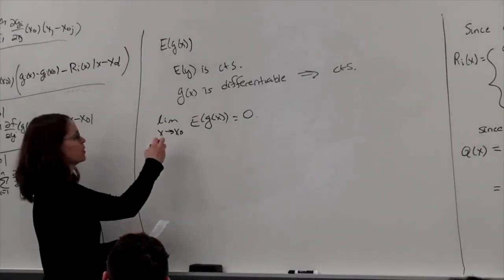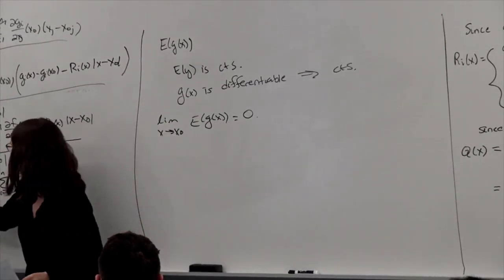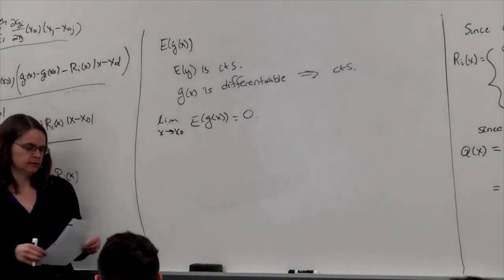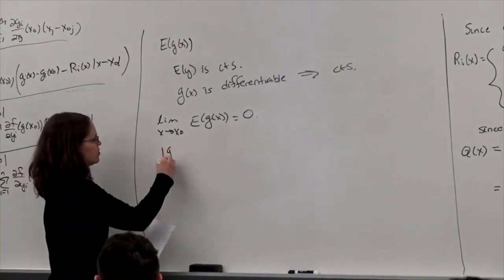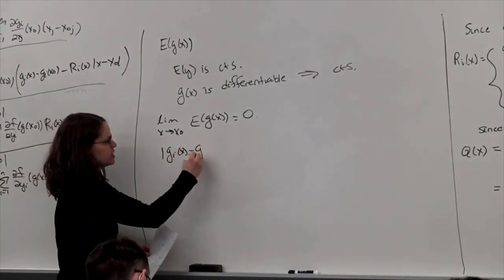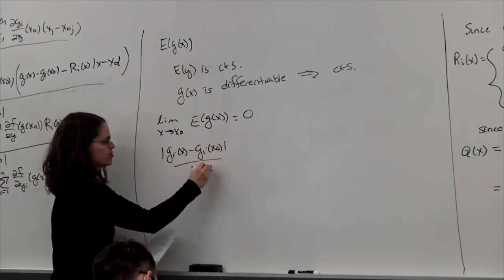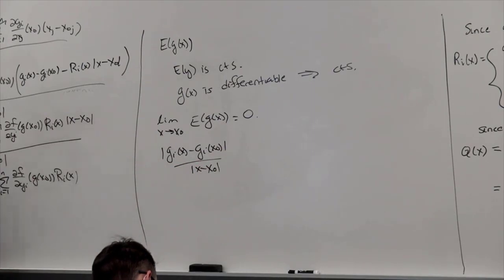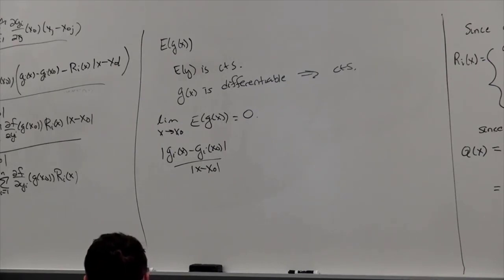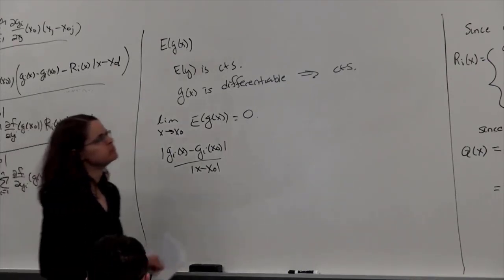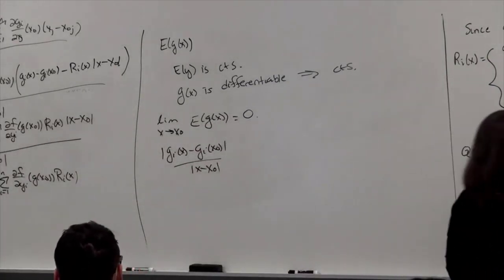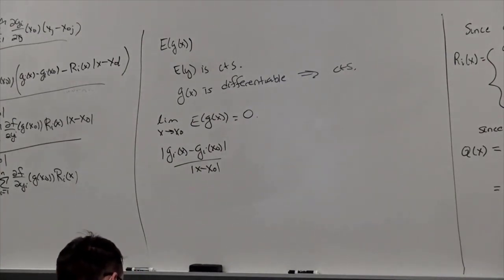Okay, so let's take him one component at a time, because again, g is a vector valued object. So I have something like this, gi of x minus gi of x naught divided by the size of x minus x naught. Let's go back to all the pieces of information we have.